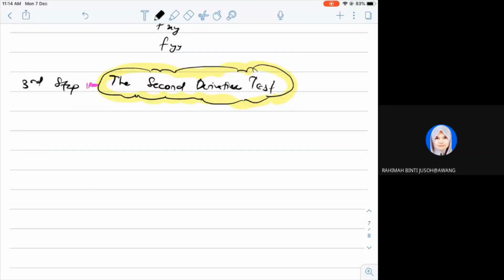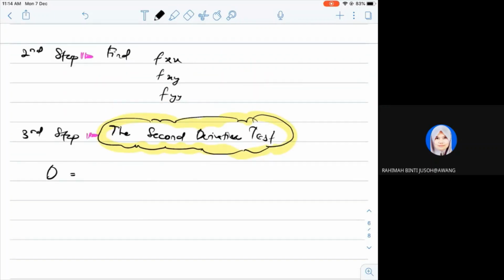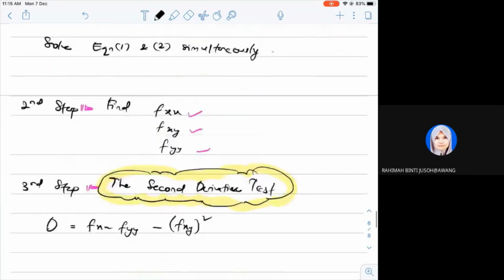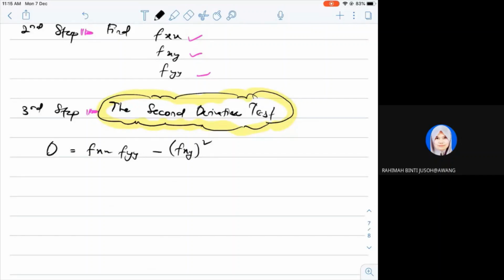Second derivative test is denoted as D. Okay, D is equal to, from the fxx, fxy and fyy you got earlier, the formula is you have to substitute into D, the second derivative test. We have fxx multiplied by fyy minus fxy squared. It means you have to substitute the critical point values into your formula D, the second derivative test formula, fxx multiplied by fyy minus fxy squared.